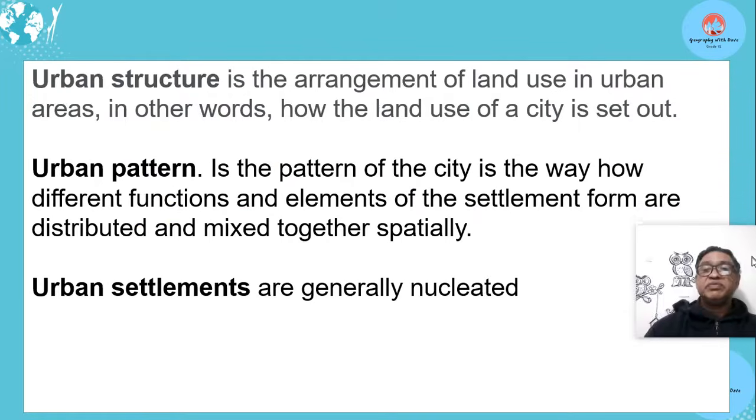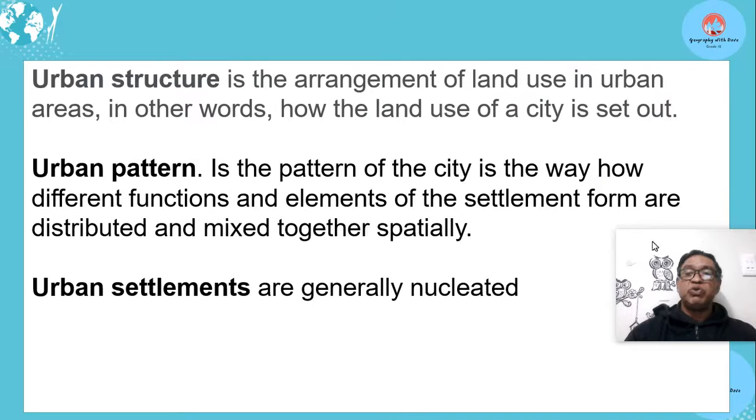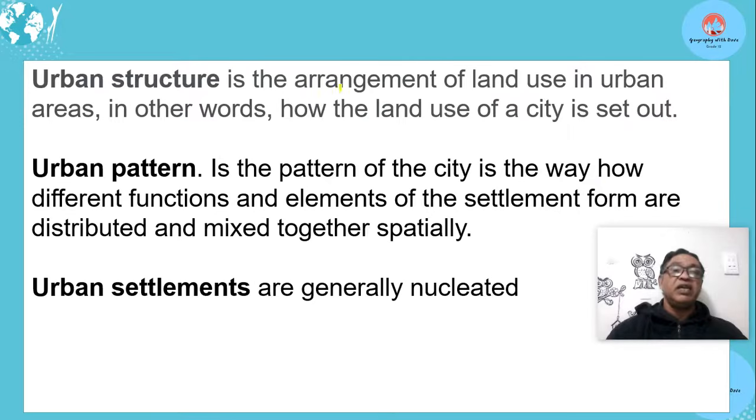Once again, we have to just go through these pointers here in order of a form of revision. Urban structure is actually again the arrangement of land use in urban areas. That is how the land use in a city or urban area is set out.